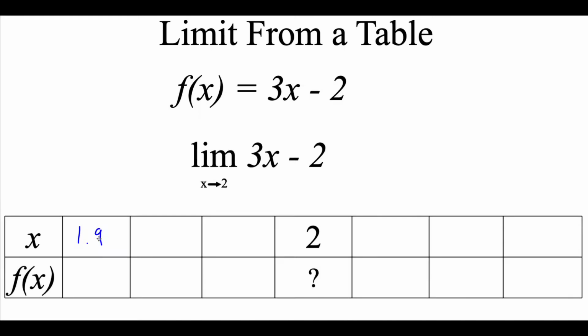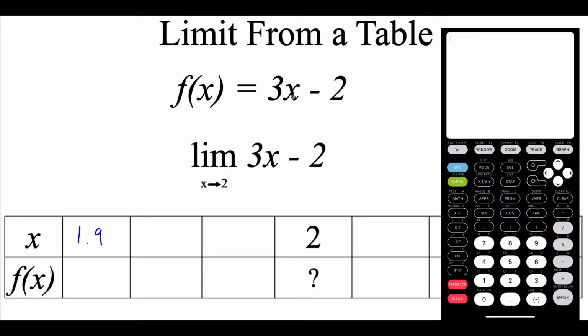I want to take that 1.9, plug it in for x, and see what my function is equal to. If I type that into my calculator, 3 times 1.9, but then subtract 2 from that, I get 3.7 as that y value, or function value. But I want to keep getting closer and closer to 2. So for my next value, I use 1.99.